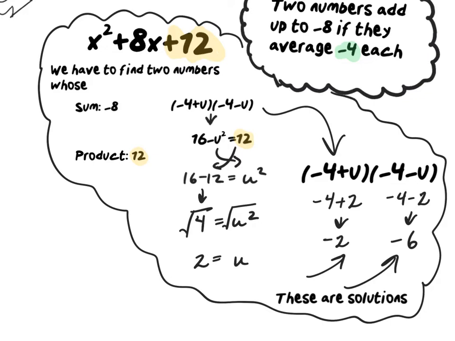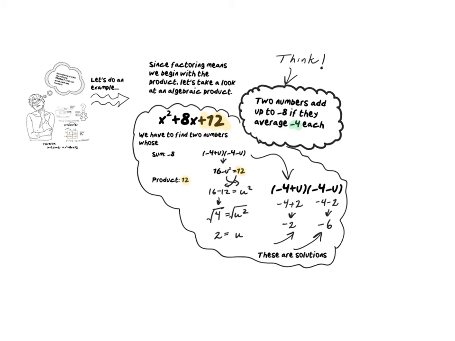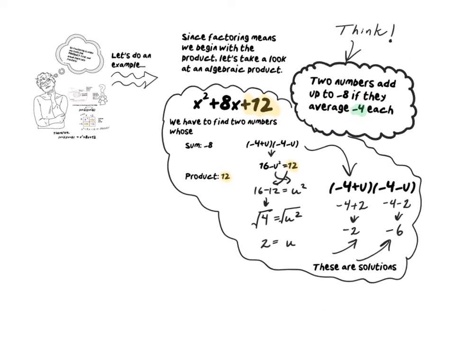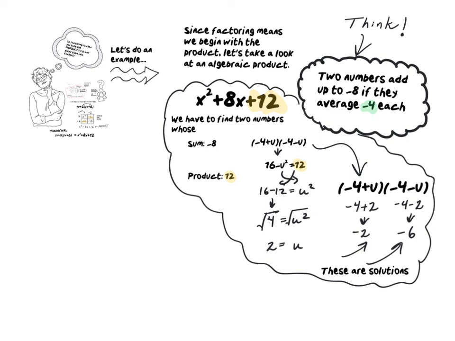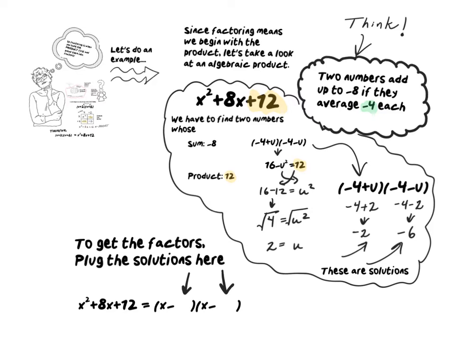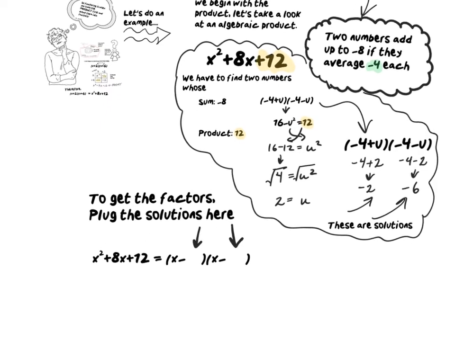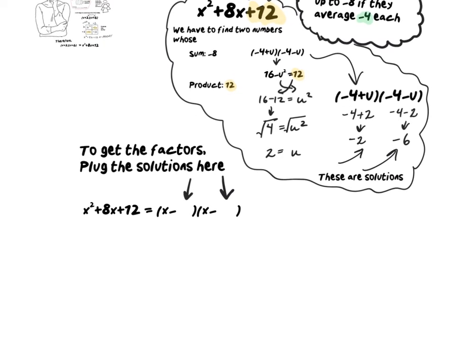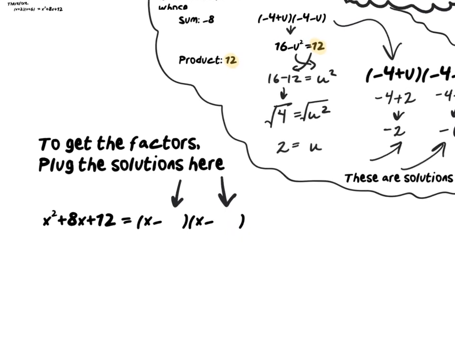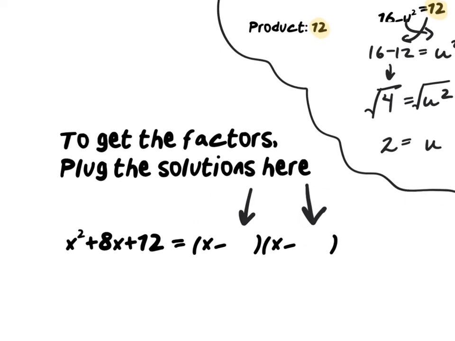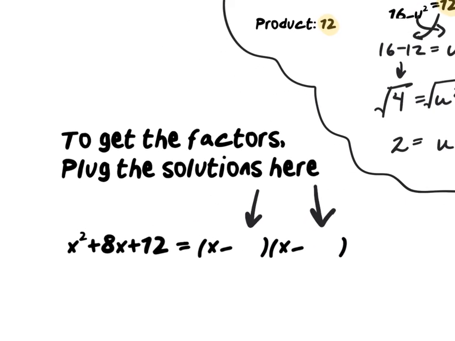All right, so now we're going to move forward and figure out what the factors are. To get the factors, all you have to do is plug in the solutions in those blank spots. So let's focus on those factors. I'm going to plug in -2. That's one of my solutions. -6 is the other.